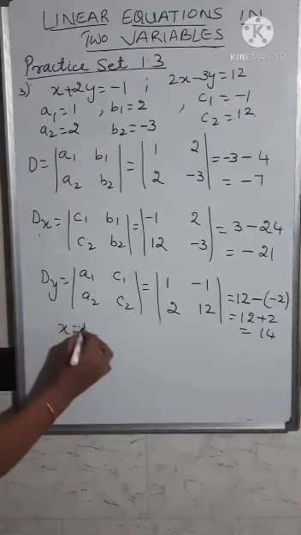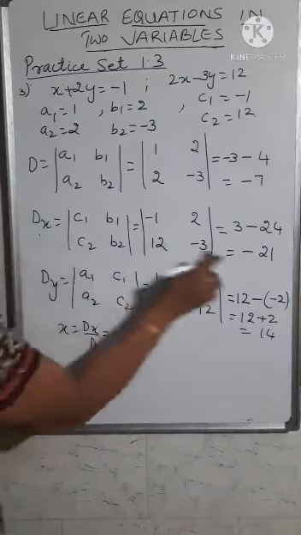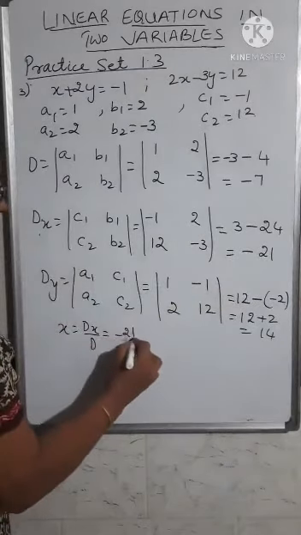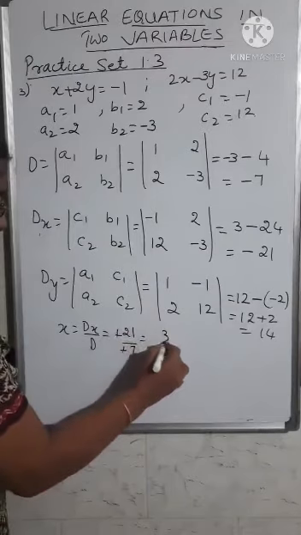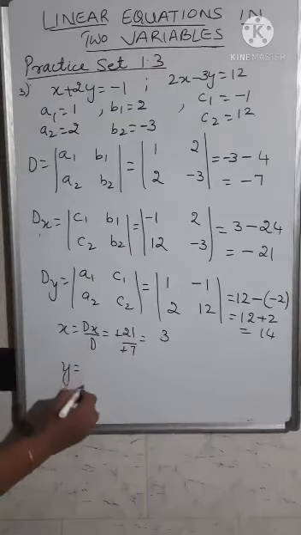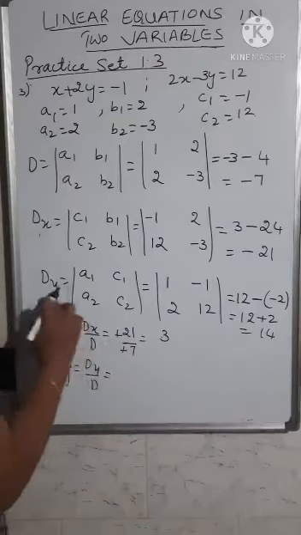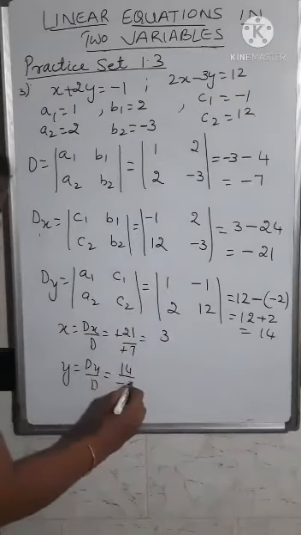Now value of x is equal to dx upon d. Dx value is minus 21 and d is minus 7. So you will get it as 3. 7 3s are 21. Now finding out the value of y, it is dy upon d. dy is what? It is 14 and d is minus 7.